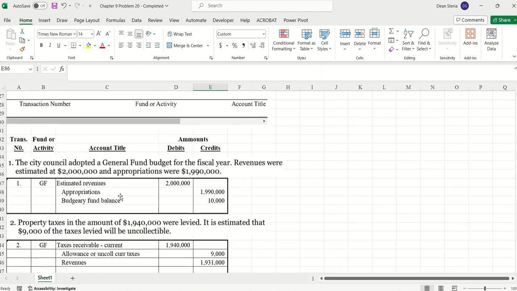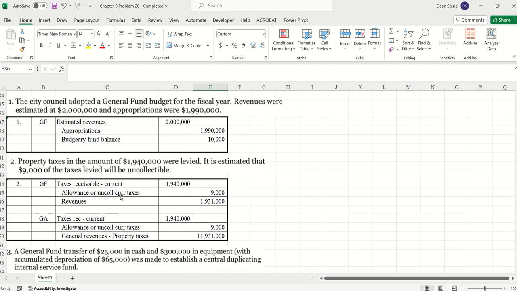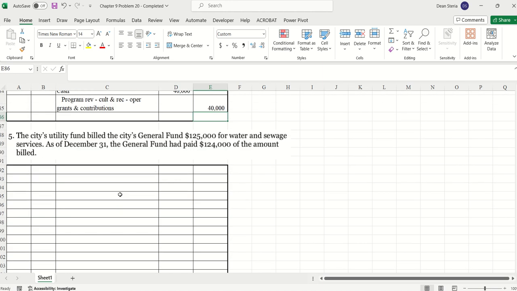So the next one is going to be what? I don't know. Let's read it and find out. The city's utility fund billed the city's general fund 125 for water and sewage services as of December 31st. The general fund had paid $124,000 of the amount billed.